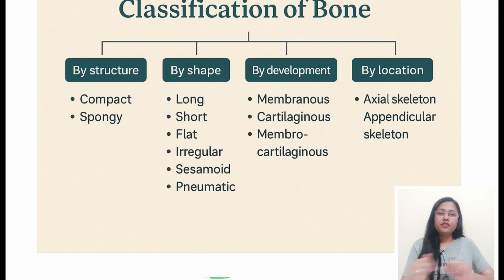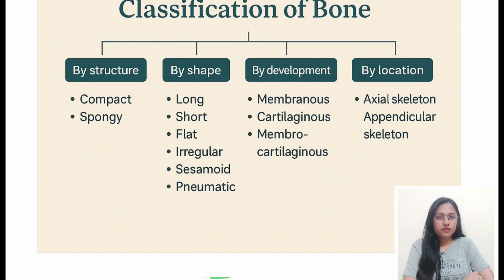One of the confusing things is the classification of bone. How are we going to classify the bone? There are various parameters on the basis of which we classify the bone. The first is on the basis of structure: the compact bone and the spongy bone.